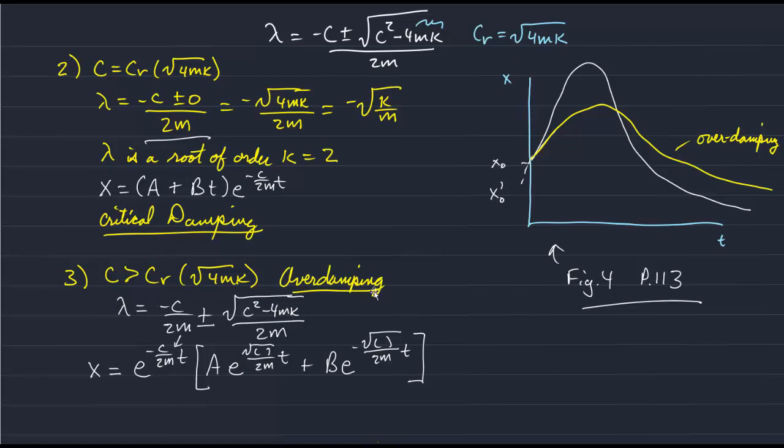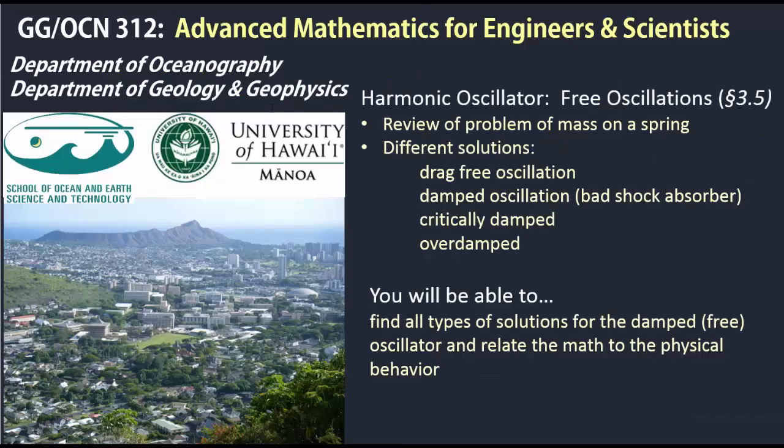And the behavior is similar if we have an overdamping case, except we have a product of two exponential decay functions in general, but we may, depending on the initial conditions, also have an exponential growth term. But eventually the exponential decay wins out, and that's shown by this yellow curve. Okay, so that concludes this discussion of the harmonic oscillator with free oscillations.